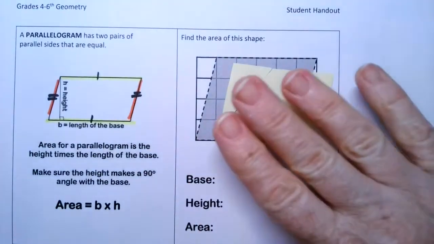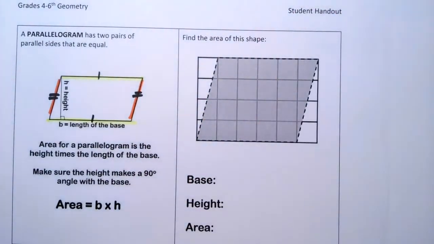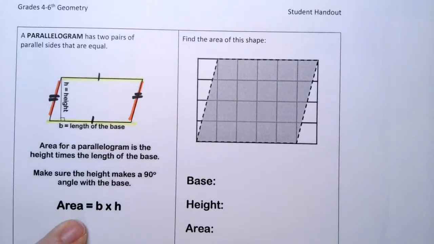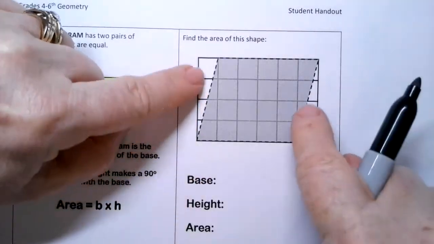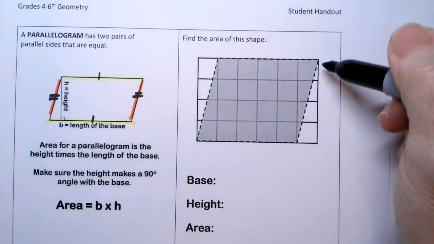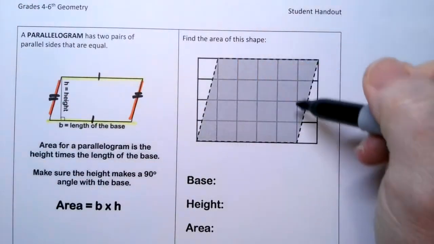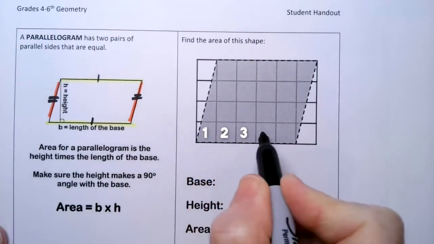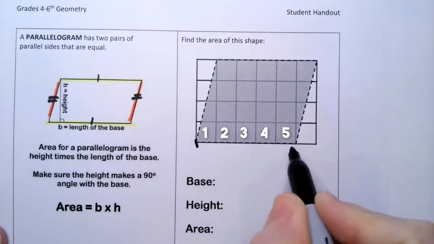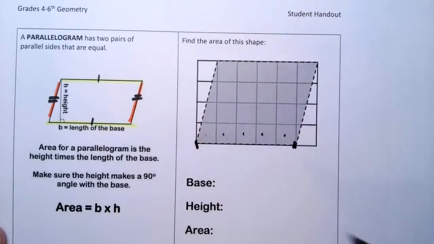Isn't that fun? So I know the area of a rectangle. It's base times height. So that same thing happens. Yes, it's a rectangle here. So you don't have to worry about the funny angles because I'm just gonna cut this out in my mind, stick it over there, and now I have a rectangle. So let's find it. The base is 1, 2, 3, 4, 5. So make sure you only go from here to here because you're gonna take this piece and put it over there.